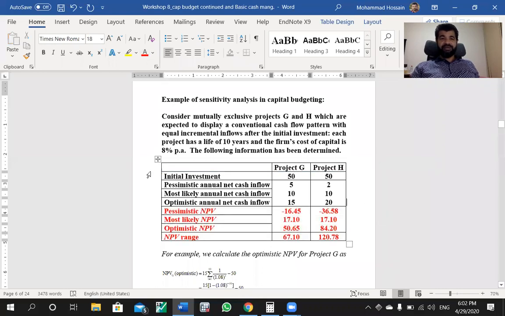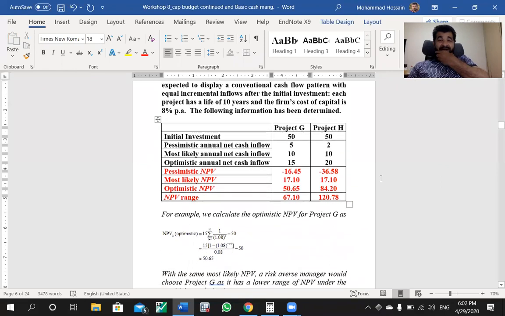So this much will be given to you: the initial investment and the cash flow in three situations. They say each project has a life of 10 years and the firm's cost of capital is 8%. The information given to you is this much. The rest you can calculate.